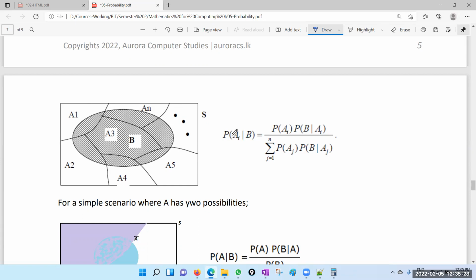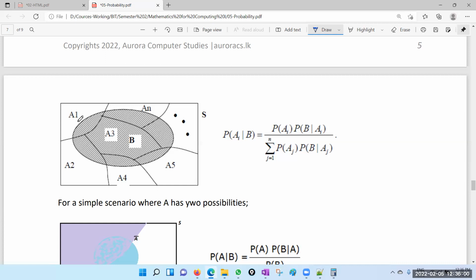If B has happened, what is the probability that AI has happened, or A1 has happened, or A2 has happened? According to Bayes theorem, we have a formula: PAI into PB given AI, divided by the summation of all the possible multiplications, PAJ into PB given AJ.